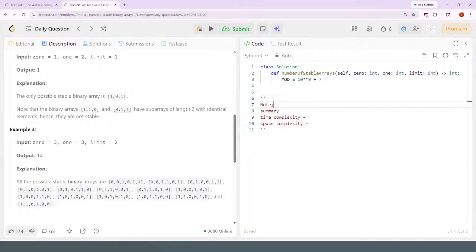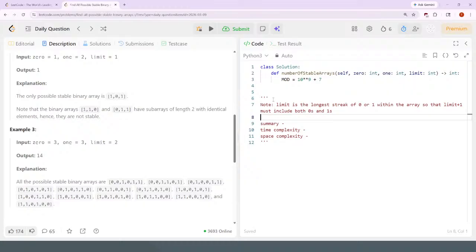So here, note, limit is the longest streak of 0 or 1 within the array. So that limit plus 1 must include both zeros and ones, or both a 0 and a 1.